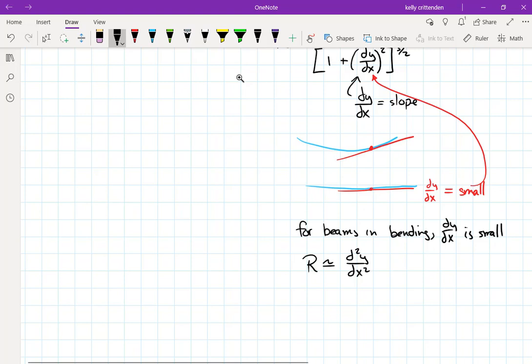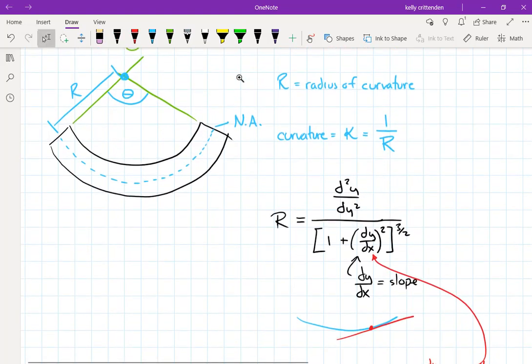But what I can do with that is, if I take the integral of the second order derivative, then I'll get dy/dx, right? So the integral of d squared y over dx squared would be dy/dx. So if I integrate that equation, I get the slope. So that's useful. I would know the slope at any point of my deflection as a function of x.